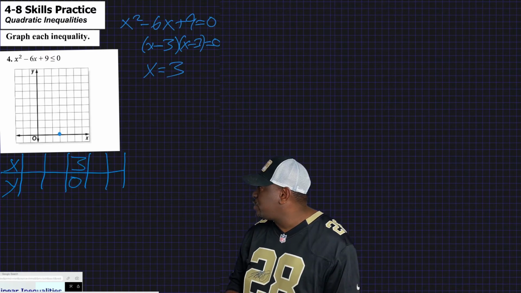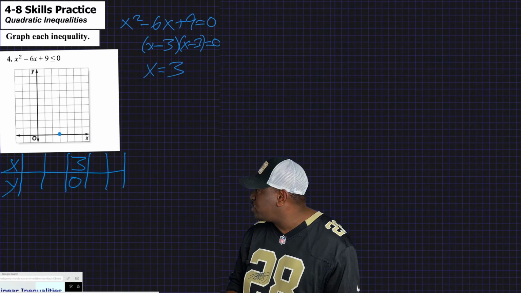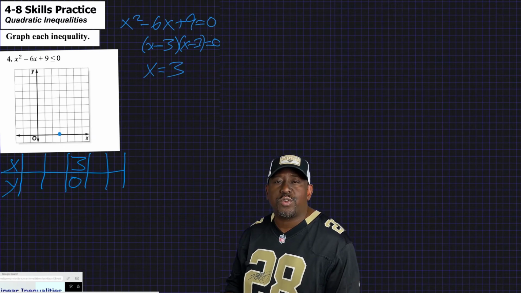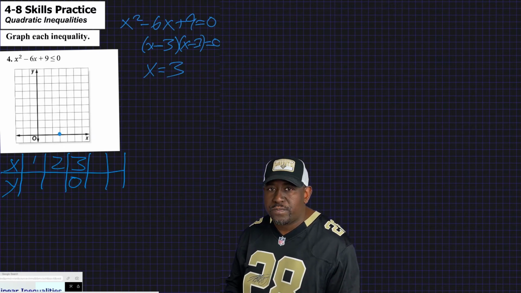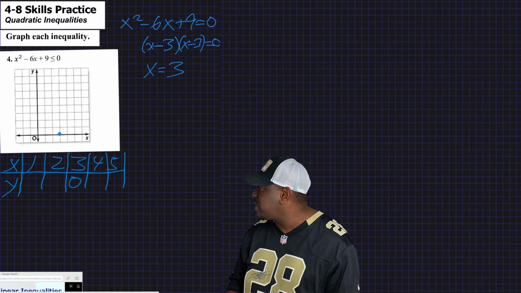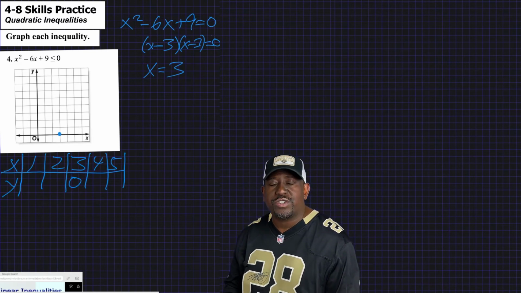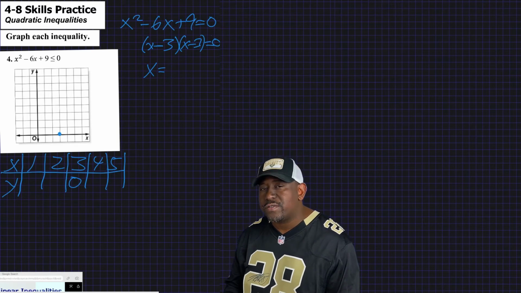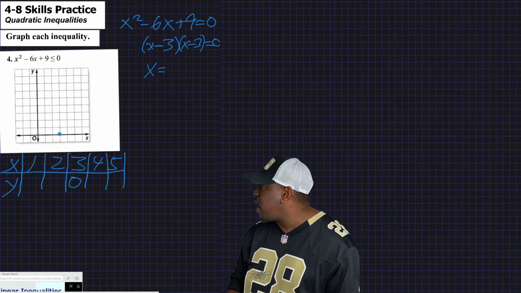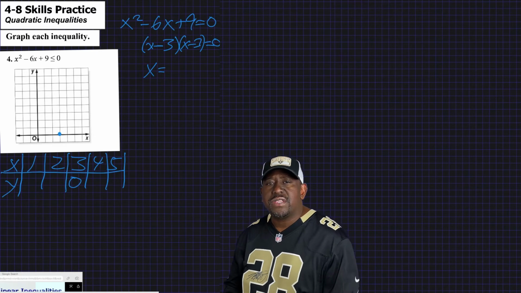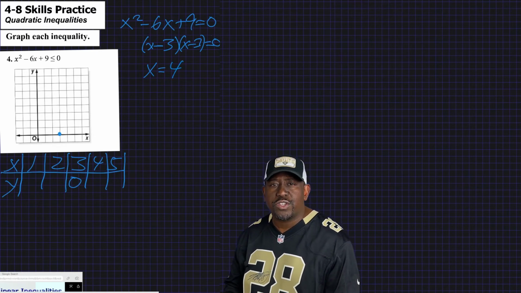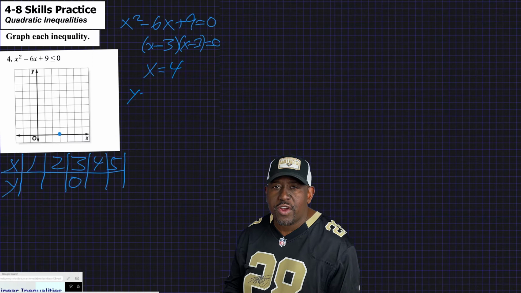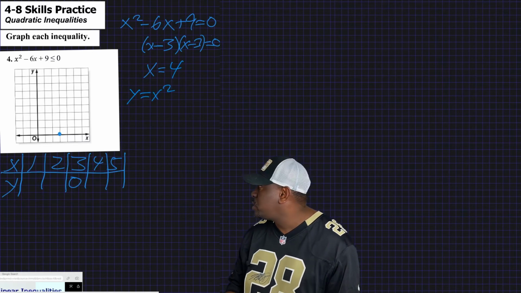So what we're doing now is we're going to put our table. We know that our vertex point is 3, 0. We want to pick 2 points to the left of 3, which are 1 and 2. We want to pick the next 2 integers to the right of 3, which are 4 and 5. That's typically the procedure and process we want to use when we want to construct our quadratic function table.